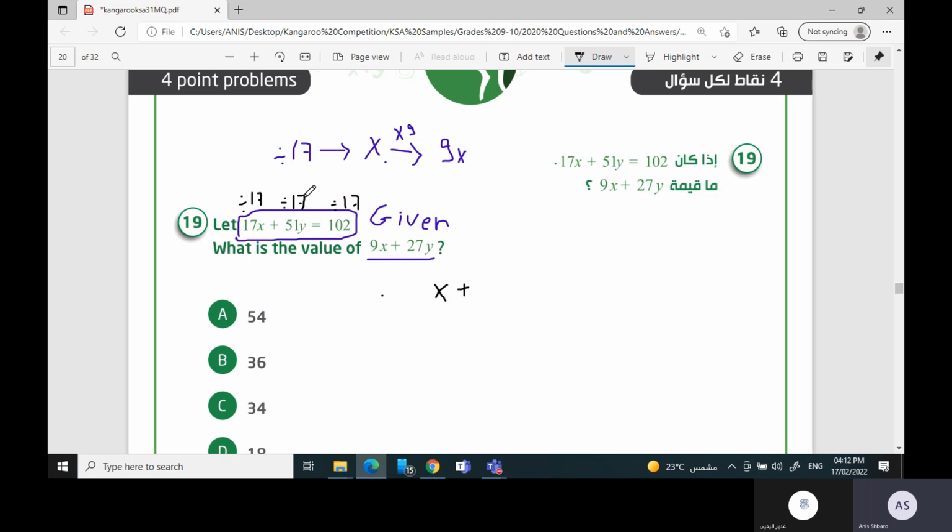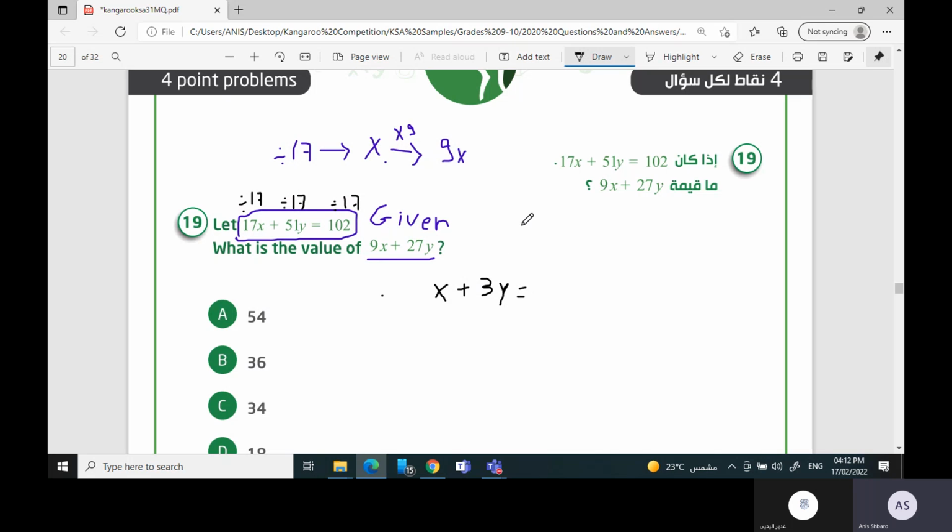3 times 7 is 21, 3 times 1 is 3, so 3 plus 2 is 5, 51, which is right. So 3y, don't forget the y, is equal simply to what? 102 divided by 17.